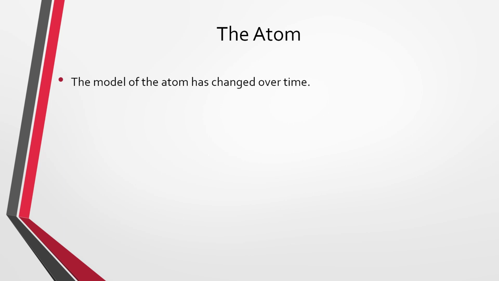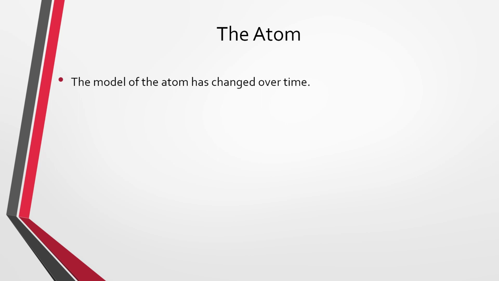Okay, so we'll continue with the atom, and we'll talk about the model of the atom and how it's changed over time. A model is something that we utilize in science that allows us to work with complicated issues.